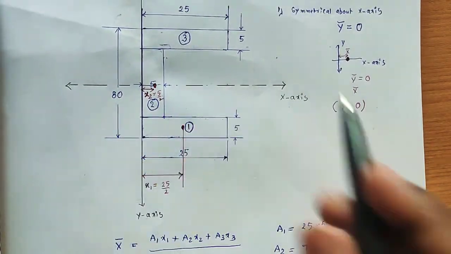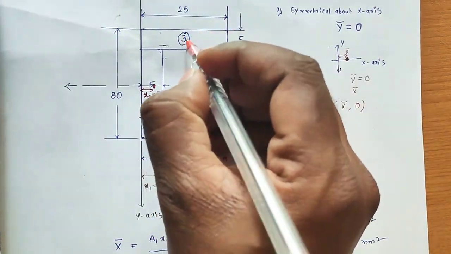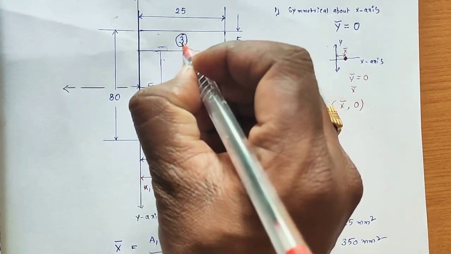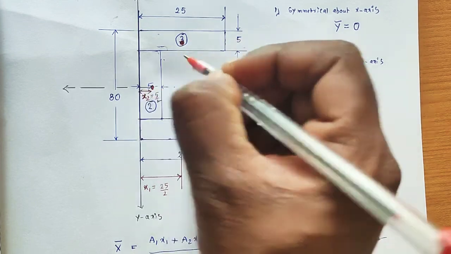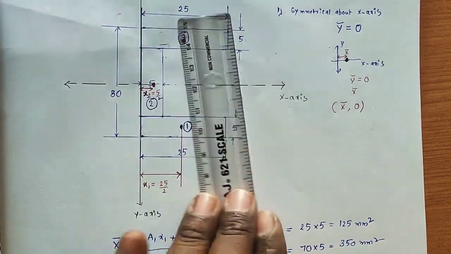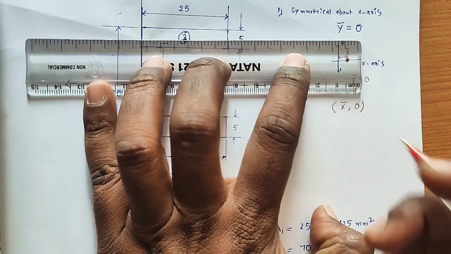Next, the third rectangular element, its centroid exists at the center.